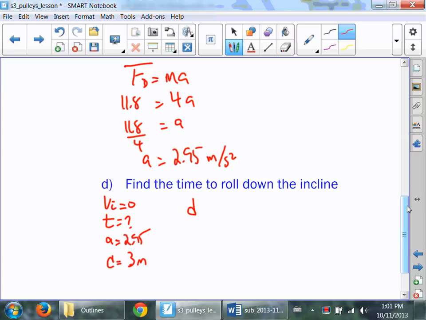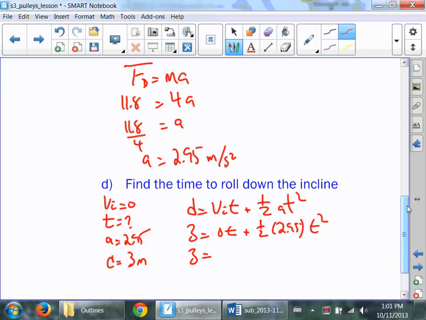So we're going to use D equals VIT plus 1/2 AT squared. So 3 equals 0T plus 1/2 2.95 T squared. So 3 equals half of 2.95, which is 1.475 T squared.